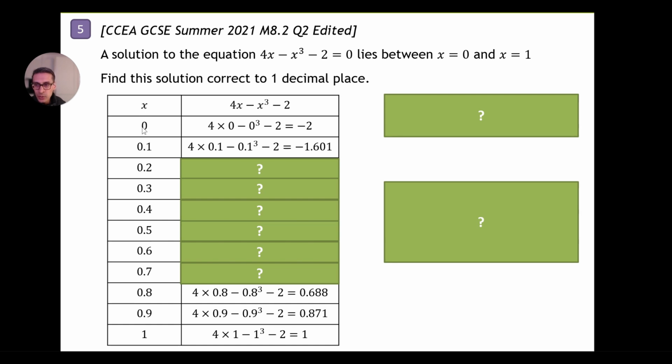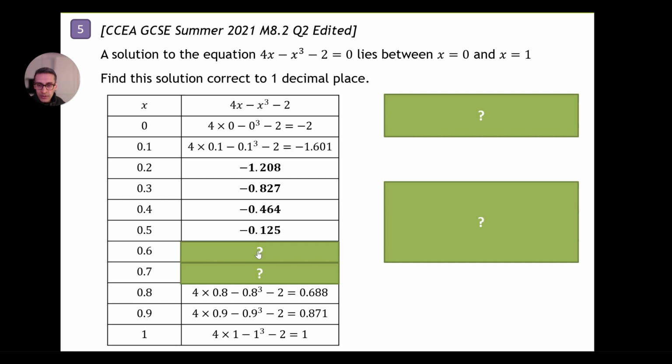So here are the answers. So when you put x equals 0 in to this equation here, you get -2 coming out. And when you put x equals 1 into this equation, you get 1 coming out. So you know that it goes from -2 to 1. So at some point here, we're going to get something close to 0. So in the case of 0.2, we get -1.2, -0.8.